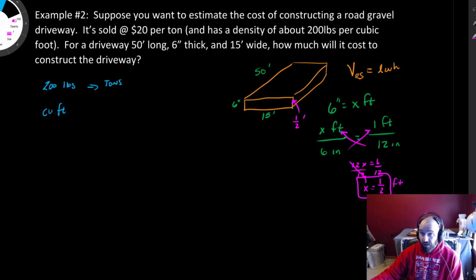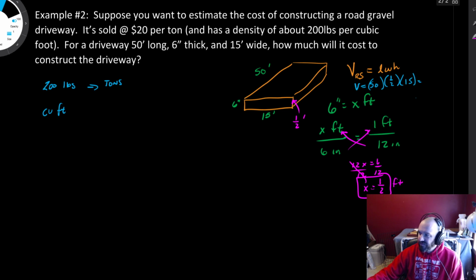Now that I'm all in feet, I can find cubic feet by using the volume. Plugging that stuff in, our volume is equal to 50, and I know I'm going to get a lot of feedback, like, you need your feet. It's going to be cubic feet. We'll do that as a separate calculation. 50 times 1/2 times 15.